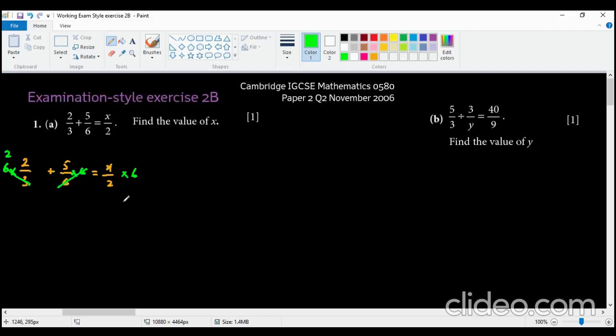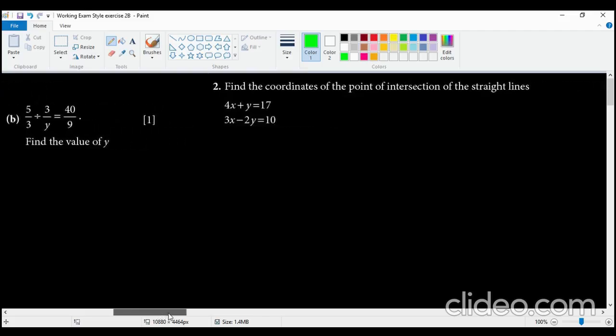These two are going to be cancelled altogether, and this is going to give us a 3. So finally what we'll have is 4 plus 5 equals 3x. That means 3x equals 9, and x is equal to 3 because 9 divided by 3 is going to give us a 3. Moving on to part B of it.